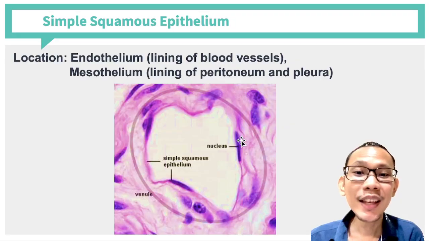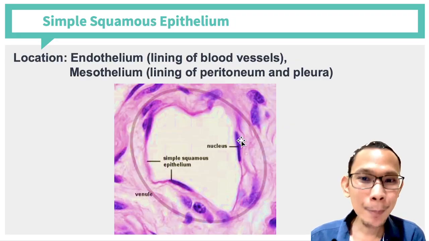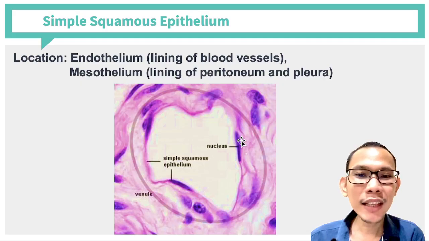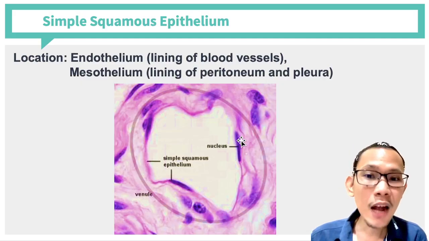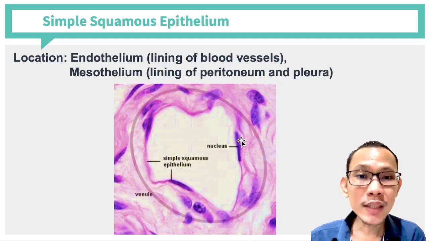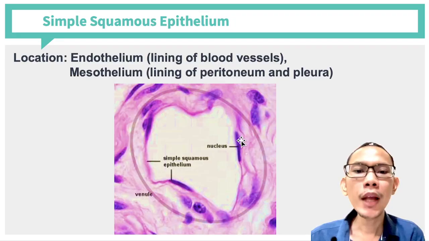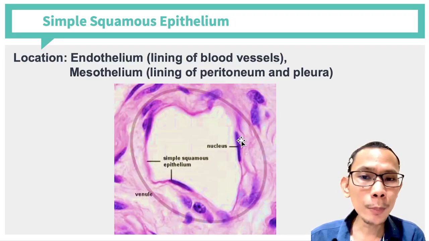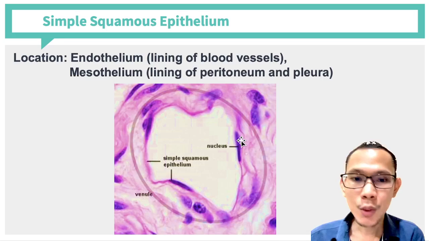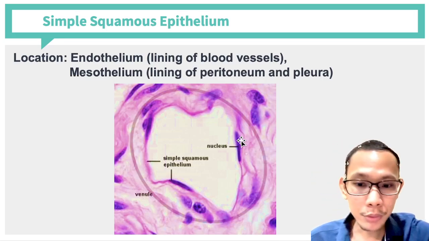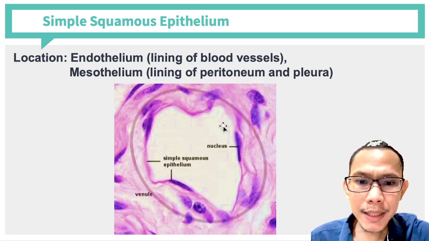You can answer simple squamous epithelium. When I ask for a lining epithelium, that includes the layer and the morphology. Unahin mo na yung layer, followed by the morphology. So, the lining epithelium of your blood vessel is simple squamous. Again, please take note.